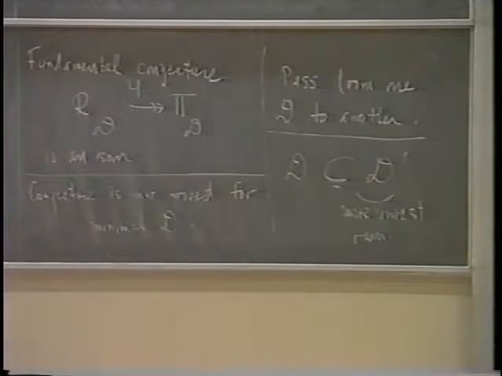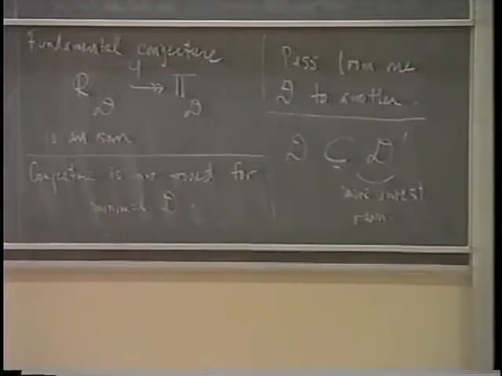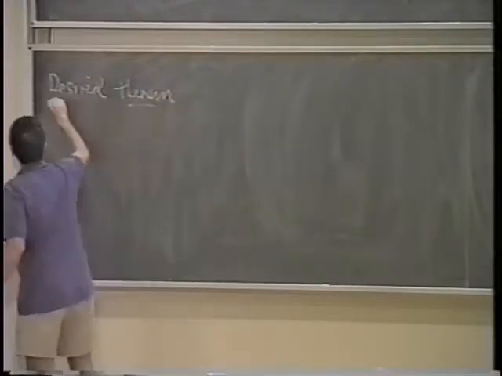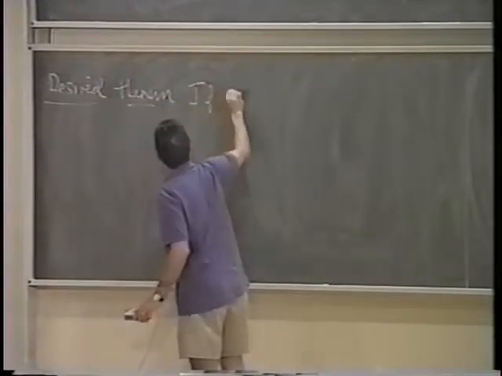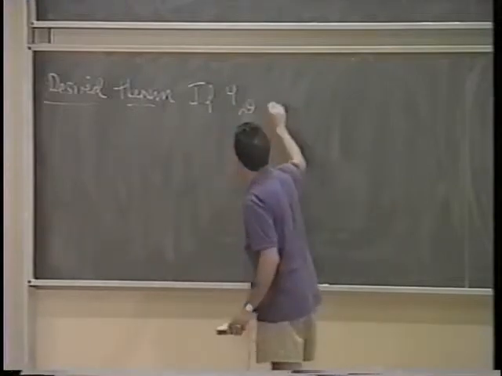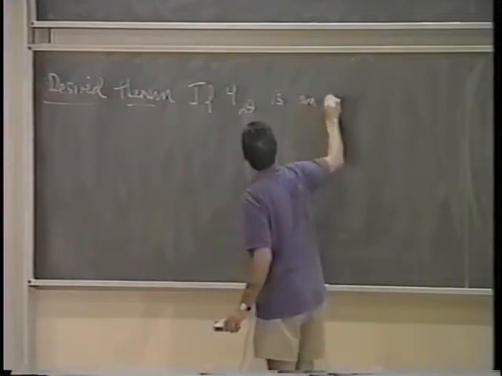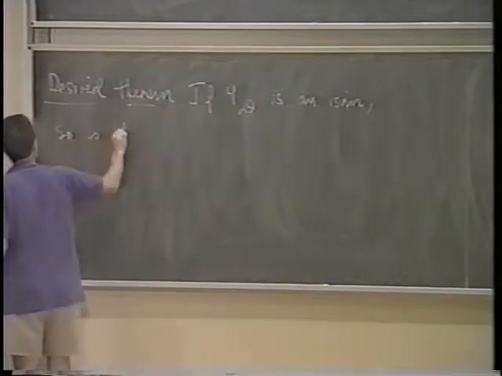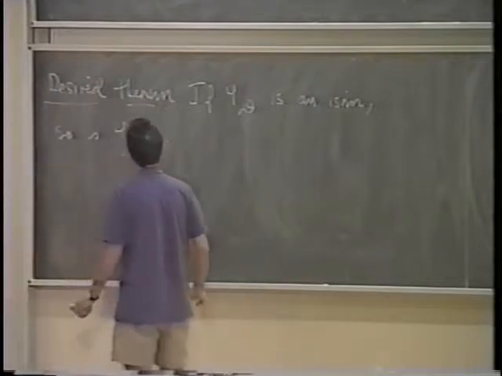So that's what we'd like to do. We'd like to think about pairs D and D prime. And of course, the theorem which you can anticipate, the desired theorem, is that if phi sub D, now I put in the subscript, is an isomorphism, or injective, well then, so is phi D prime.